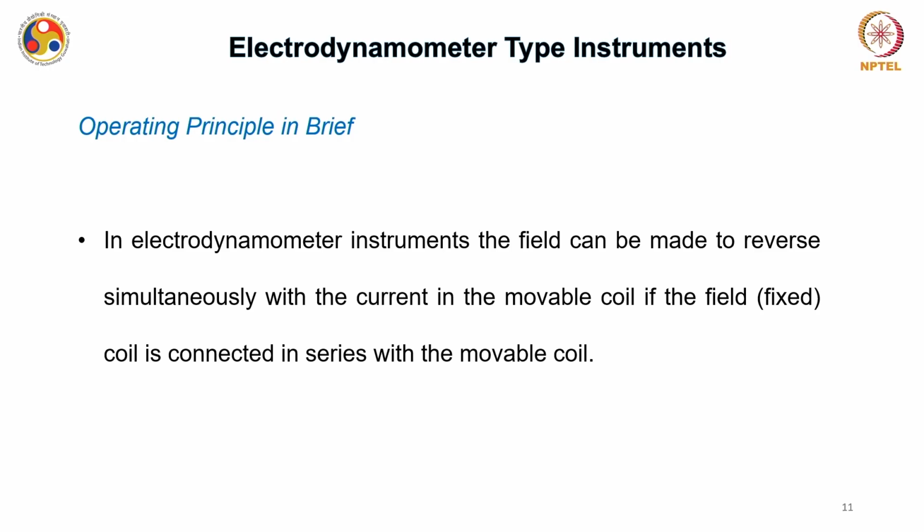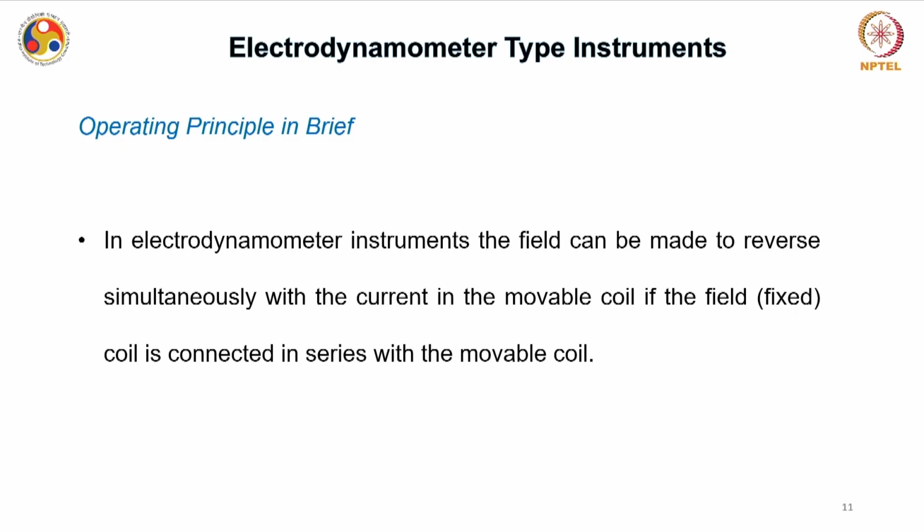So we will see that this movable coil is connected in series with the fixed coil, but this is just for your information, but in general we will keep it separate only for the discussion, because that will give you a holistic picture rather than confining ourselves in only one direction.